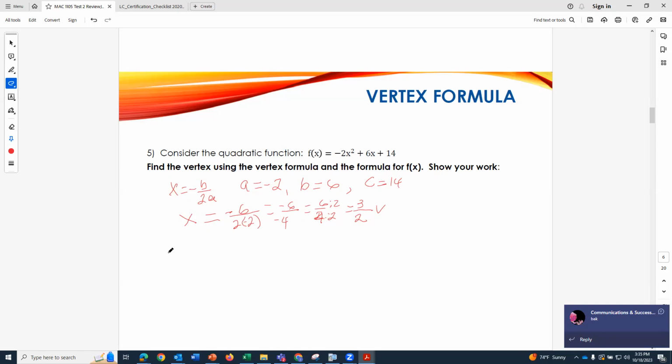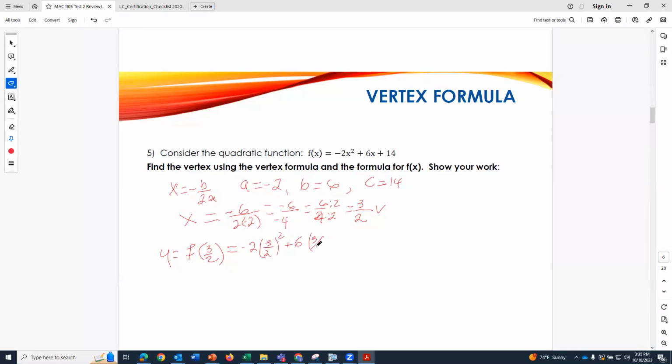Okay, and now the y vertex will be f of 3/2. That means we have negative 2 times 3/2 squared plus 6 times 3/2 plus 14.